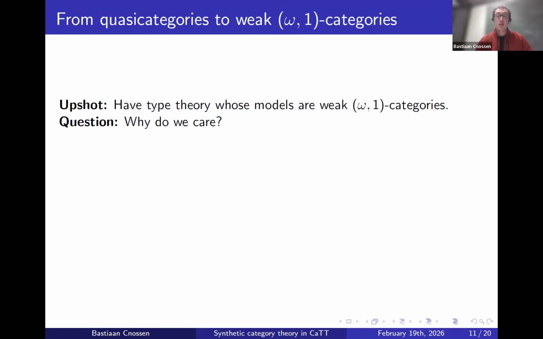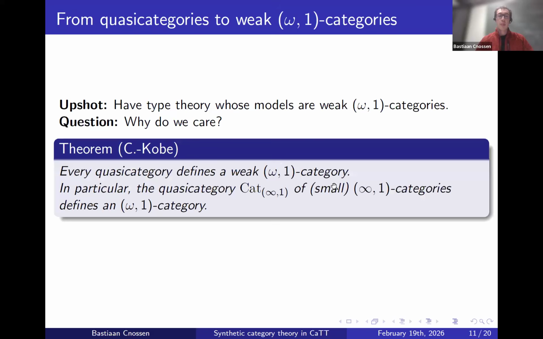It's maybe not so clear why we should be able to do that. Here's the main result that I proved together with Ivan. If you take any quasi-category, you can construct from it such a weak omega-1 category in the sense of Grothendieck-Maltsiniotis.